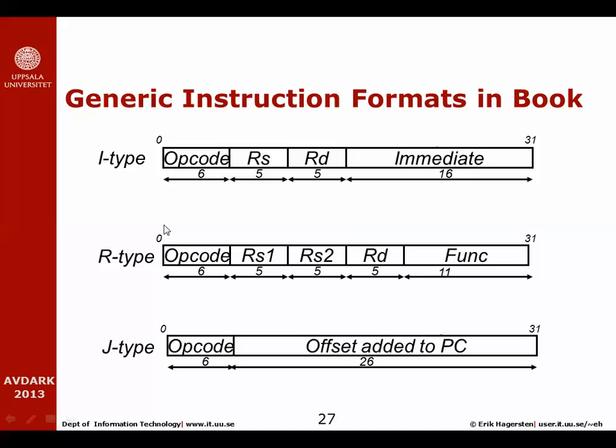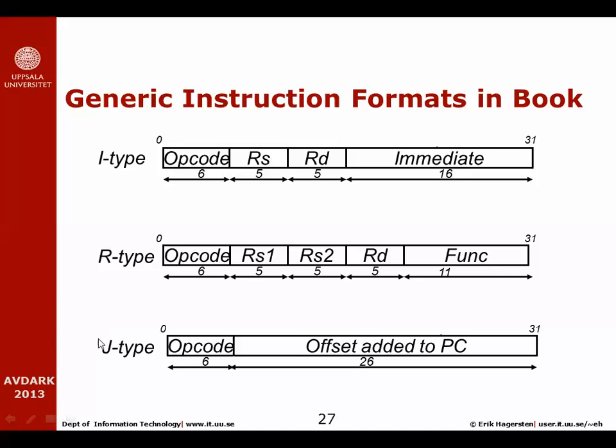The register type contains the opcode, and then you could identify 2 source registers, register 1, register 2, and then a destination register where you put the result. And since this type is used by the ALU instructions, and the ALU instructions are in a far majority, there is also a field here with 11 bits that can further specify exactly how you would like to perform your operation.